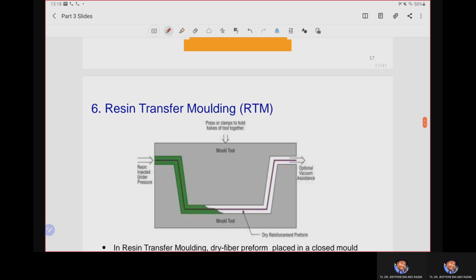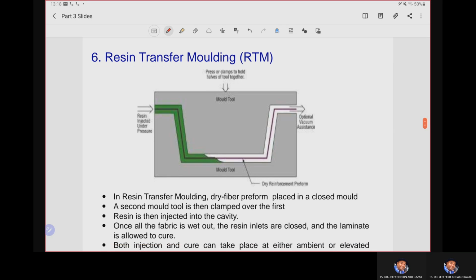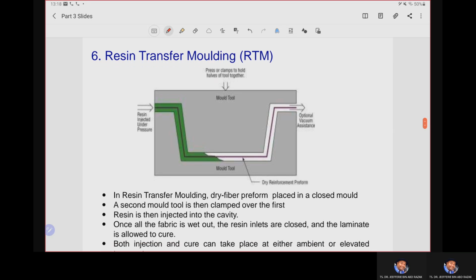The last type of closed mold processing method for fiber reinforced polymer manufacturing is resin transfer molding, or in short, RTM. RTM is not the TV station, but resin transfer molding. In resin transfer molding, first we put the dry fiber preform here.